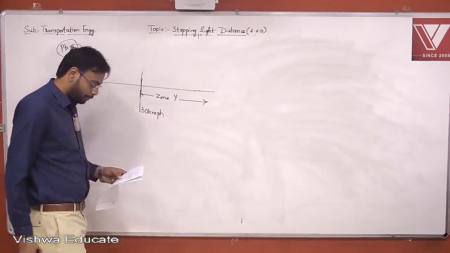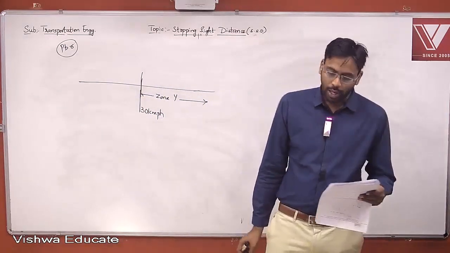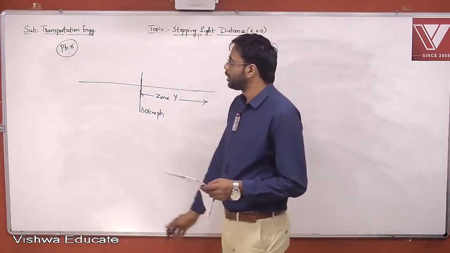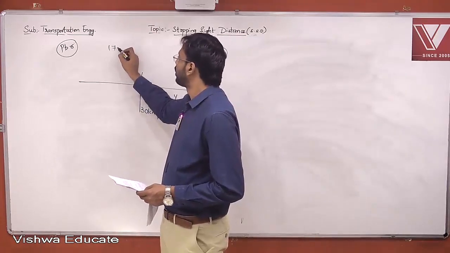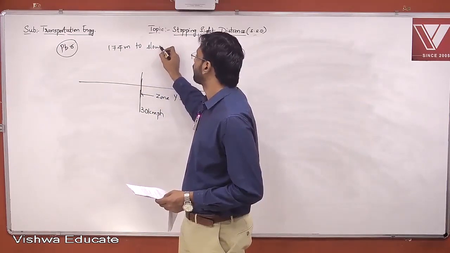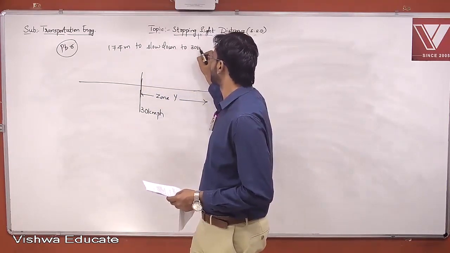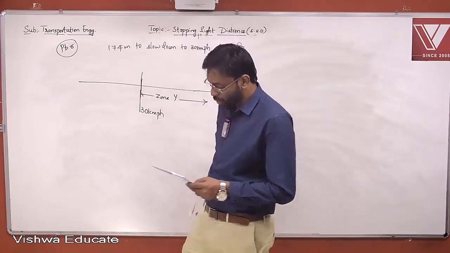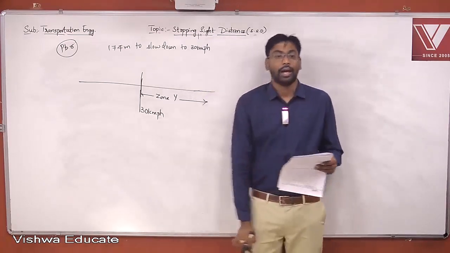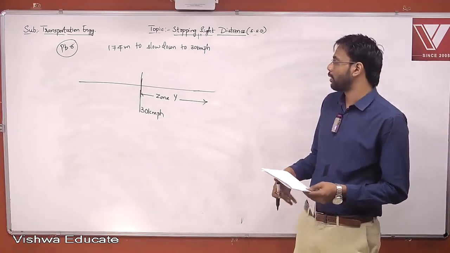Now, on this road, a vehicle requires 174 meters to slow down to 30 kmph, and this 174 meters includes the distance traveled during the reaction time of the driver also.